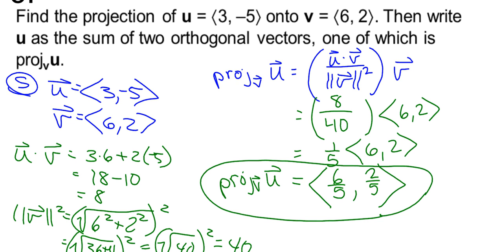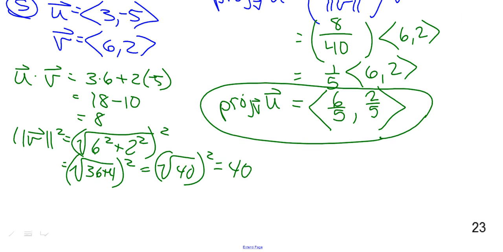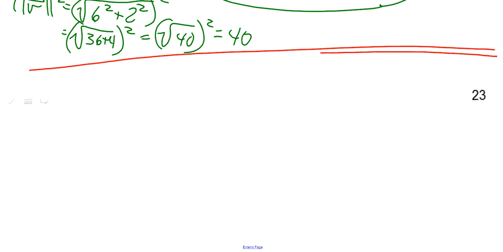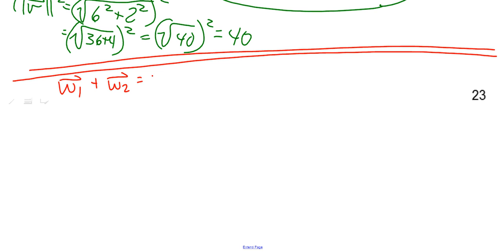So if we think here in this one, and I can't see everything as I go through this, but I need my space down here. So that means that there are 2 vectors, w1 plus w2, that equal vector u. And the other one that I'm going to want is w2. So do you agree w2 is u minus w1, correct? w2 would be u minus w1.